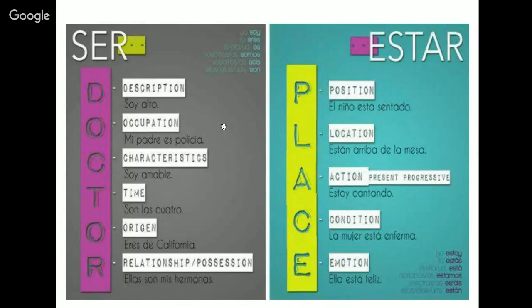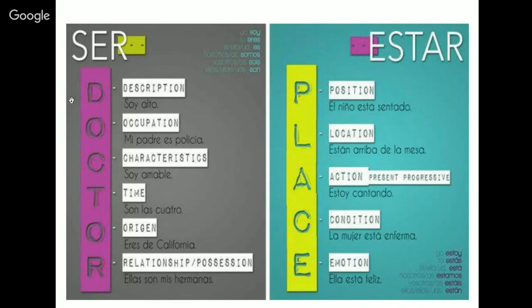And estar is more about a situation. Ser is more permanent, about us or about an object or about time, and estar is a temporary state. So we can see the difference. This is better to remember.